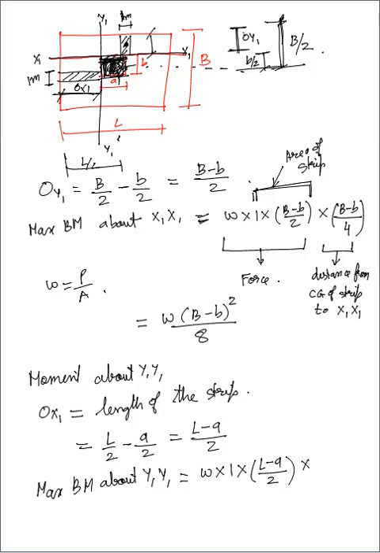So it is (L minus a) divided by 2 and again divided by 2, so it is (L minus a) by 4, because the CG is at half here. So you have to take the moment, and it will be w (L minus a) whole square divided by 8.